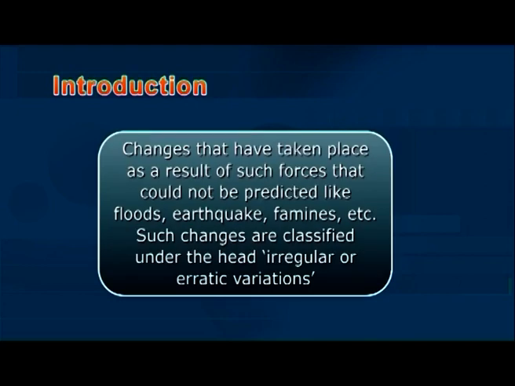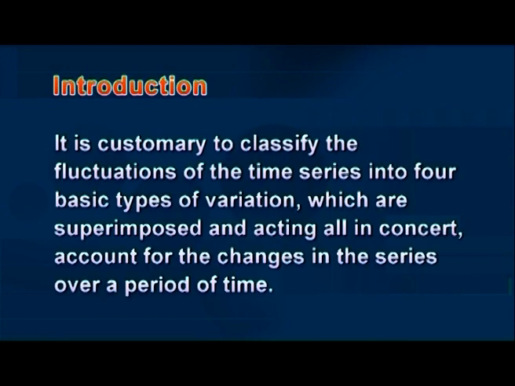Changes that have taken place as a result of such forces that could not be predicted, like floods, earthquake, famines, etc. are classified under the head irregular or erratic variations. It is customary to classify the fluctuations of the time series into four basic types of variation, which are superimposed and acting all in concert, account for the changes in the series over a period of time.